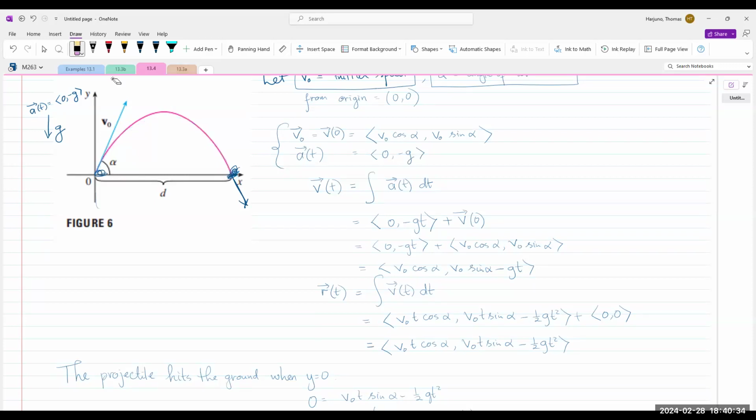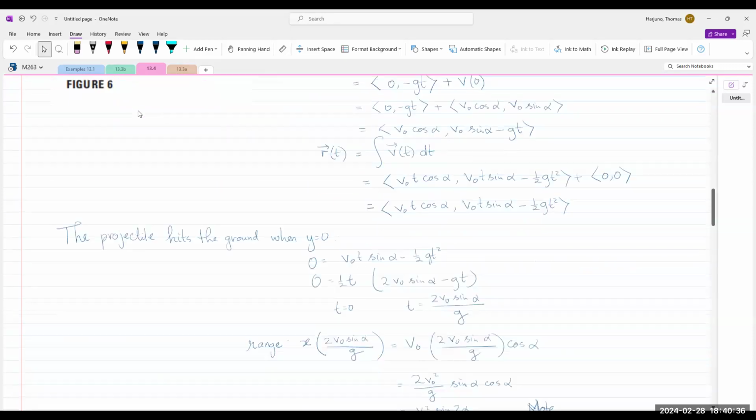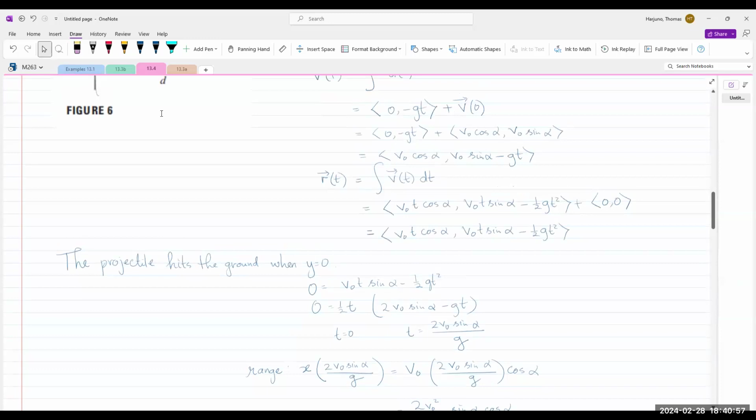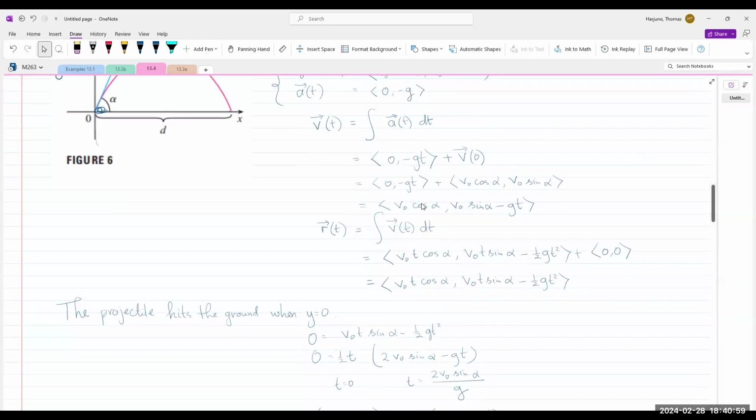Now how do we compute that? Well, we know the time it will hit the target already, right? So the velocity vector function at that time, 2 v naught sine alpha over g. Notice that we have only one component t here.